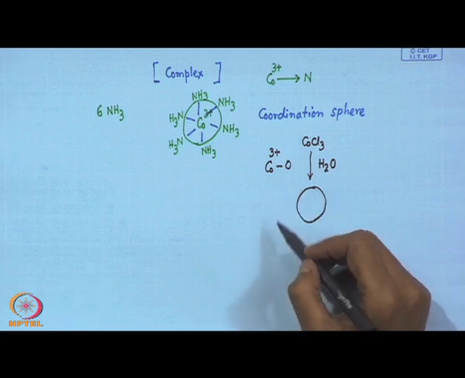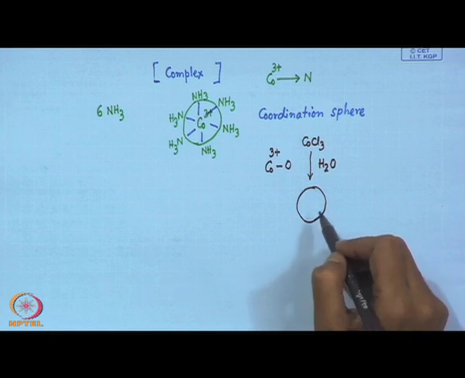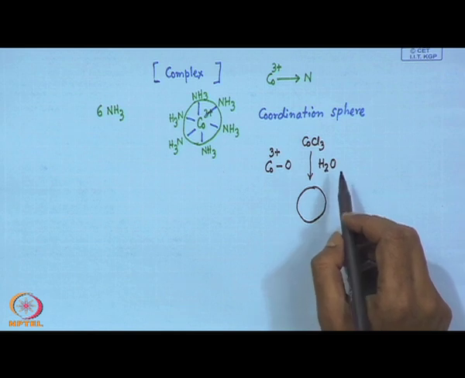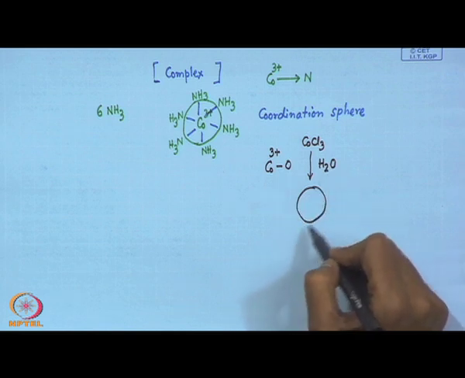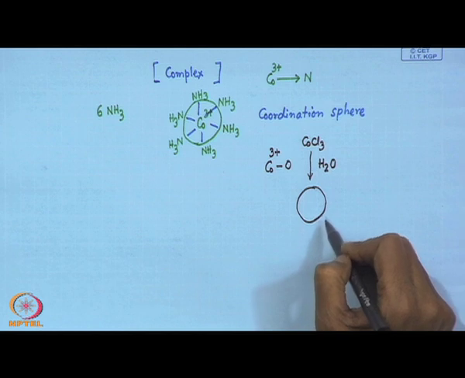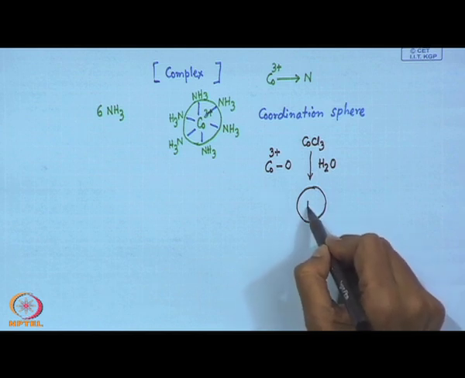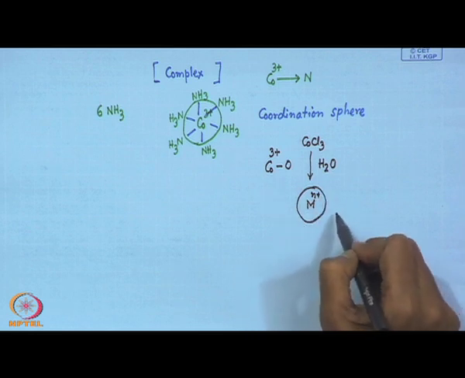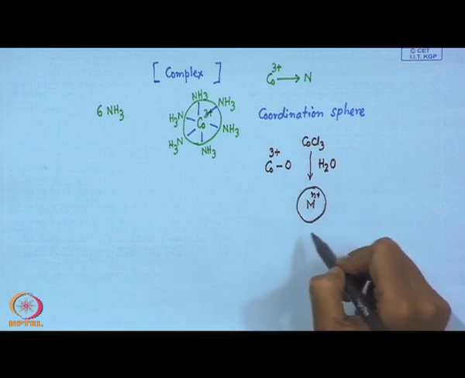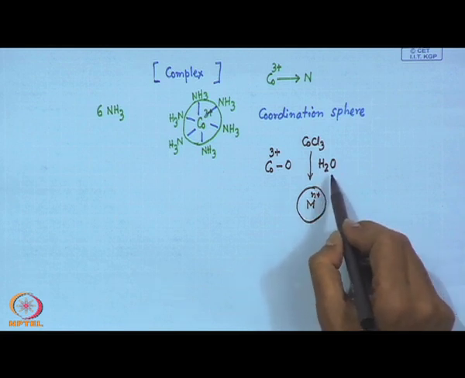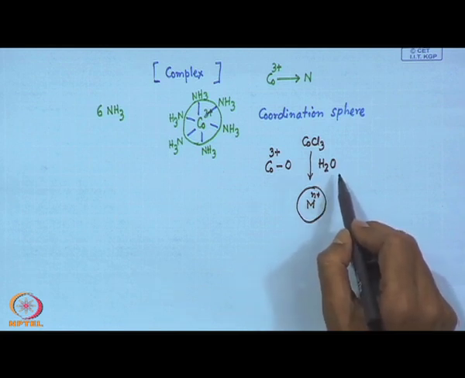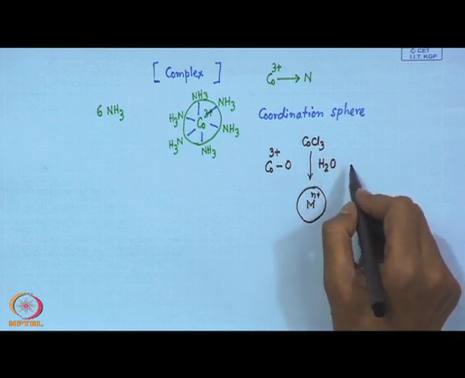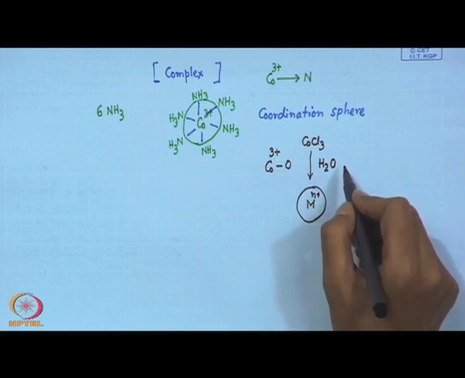Whatever metal salt we are dissolving in a test tube, in a beaker or in a round bottom flask in a chemistry laboratory class, we should have a corresponding coordination sphere around the metal. So, the metal will be there as M n+ and we will have a large number of water molecules, whether these water molecules we have added for making the solution or they are coming from the living organisms in our body.